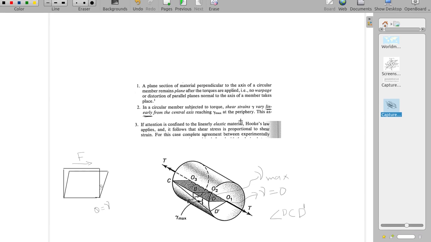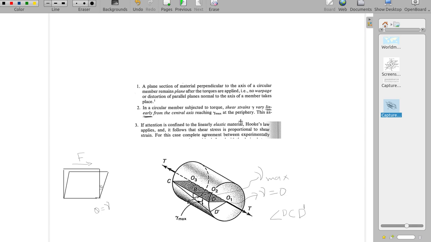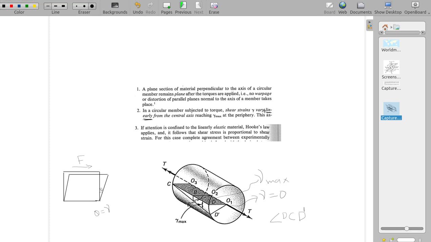So these are the three important things you need to keep in mind when you are doing the derivation. A plane section remains plane section. A plane section perpendicular to the axis of the circular member remains a plane section even after torques are applied. Shear strain varies linearly from central axis to periphery, reaching maximum value at the outer surface.